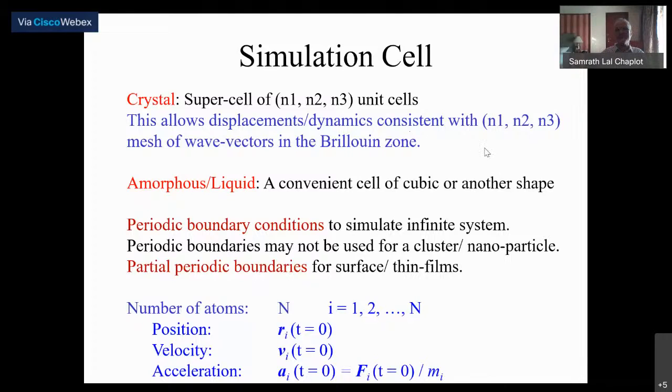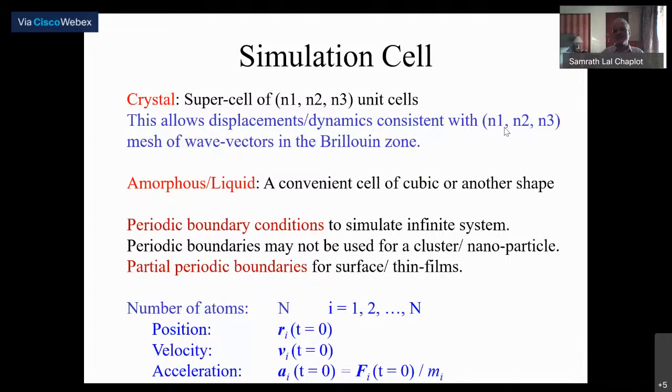Like standing waves, you can form them, for example, in a box. So in a given box of size n1 times the lattice constant along the direction of the lattice vector a, the length is n1 times a.